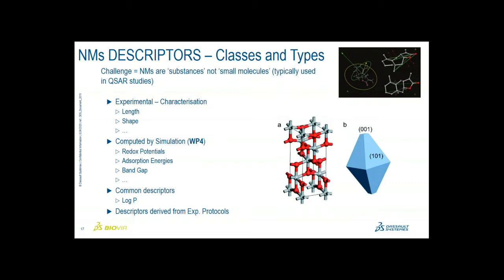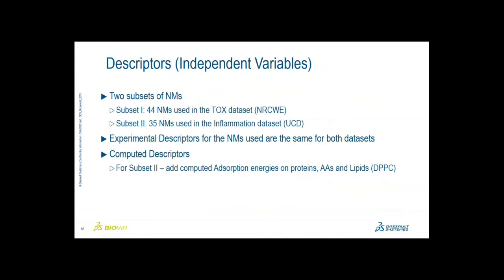For the simulation computed descriptors, the literature reports redox potentials. That's very important for the inorganic nanoparticles, and adsorption energy, band gap, and so forth, log P, and then we have the descriptors, as I said, from the experimental protocol.